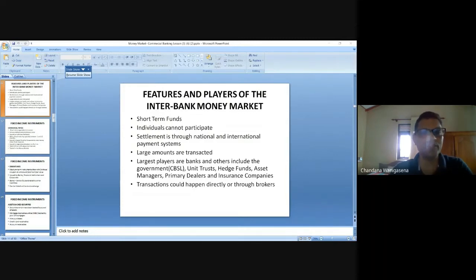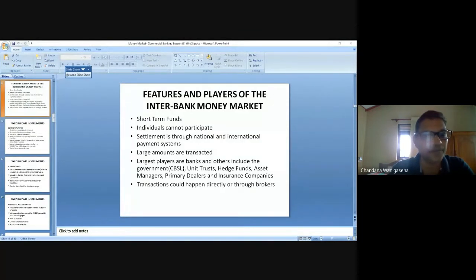Similarly, treasury bonds are very much similar. The difference is these are long-term, right? All other terms are similar to treasury bills. One important difference is that these are long-term. Treasury bills are 3, 6, 12 months, while these are issued from 2 years to 30 years. Again, these are issued for government money requirements.